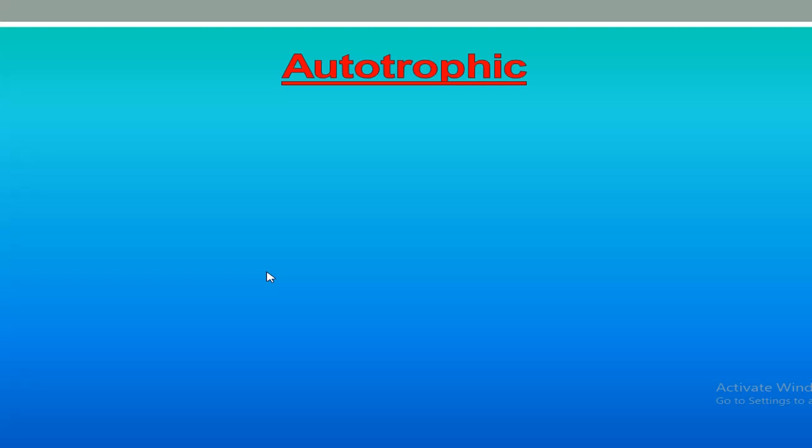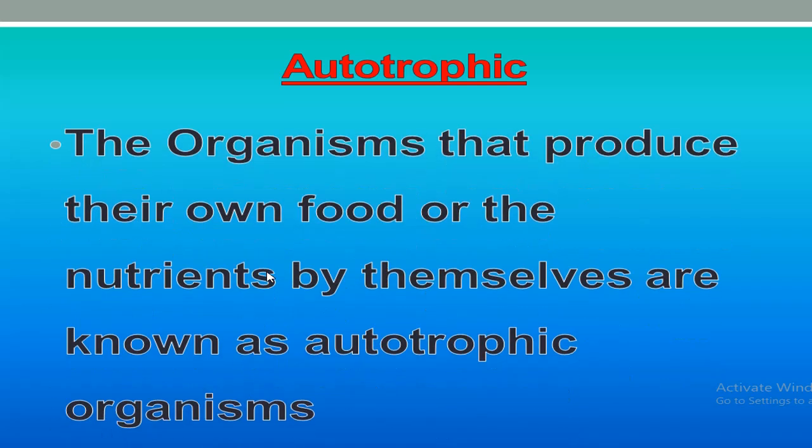Let's learn about autotrophic organisms. Autotrophic organisms are the organisms that produce their own food or nutrients by themselves.